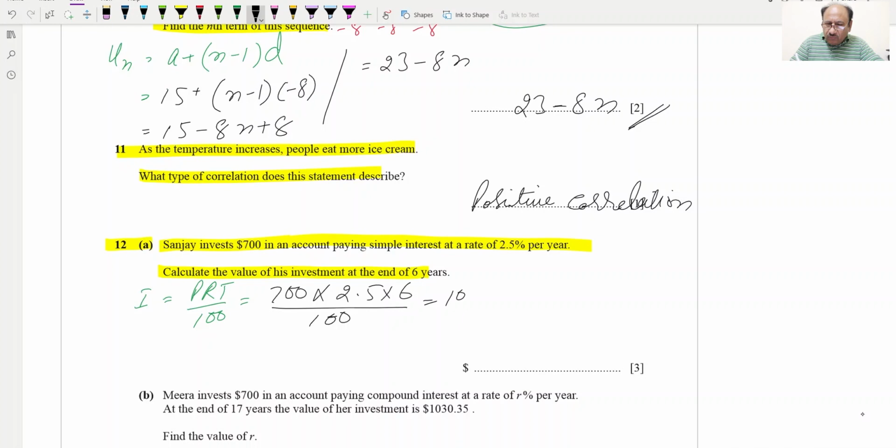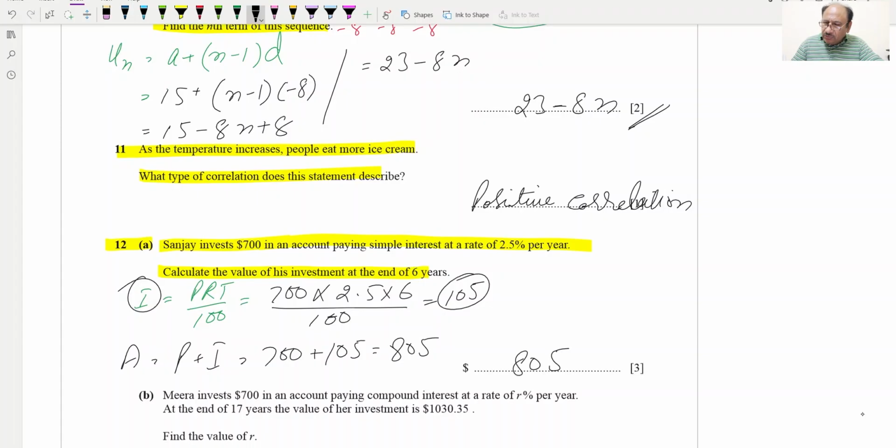So 105 is interest, and amount will be equal to principal amount plus interest, which is 700 plus 105. So answer will be 805, and it will be dollars, $805 for 3 marks.